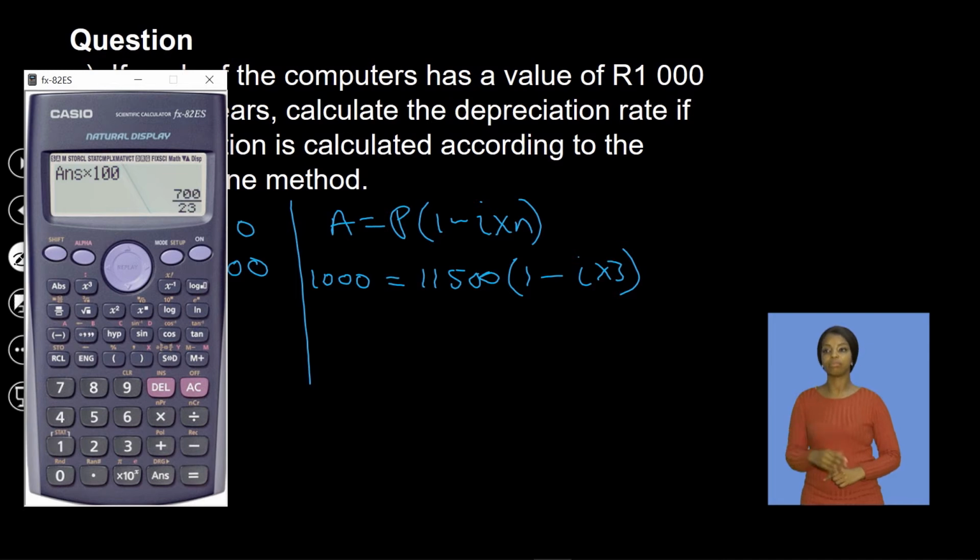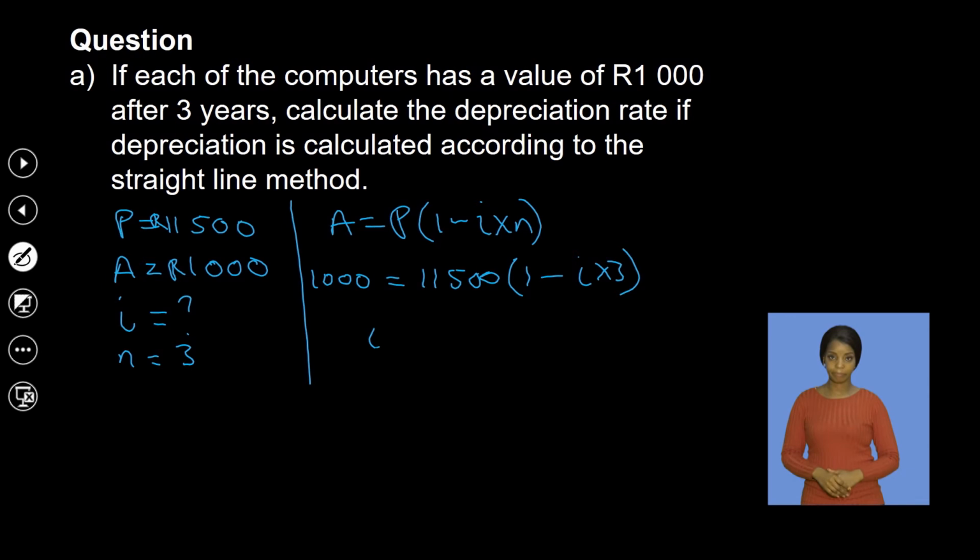So it gives you the actual rate, which is 30.43. So i will actually be 30.43%. So that's just, guys, some algebra that you will need to perform there.